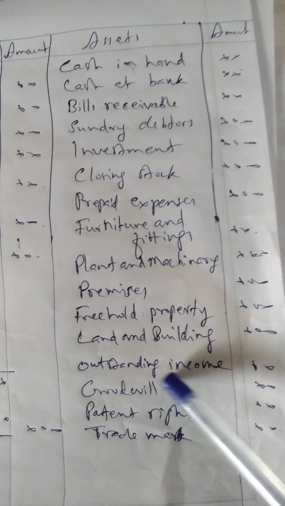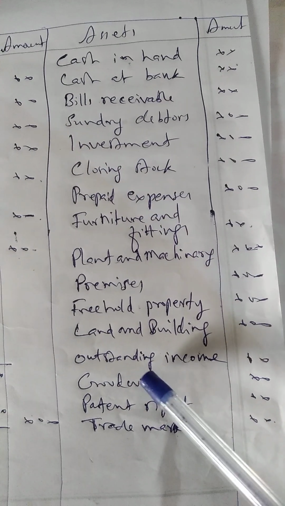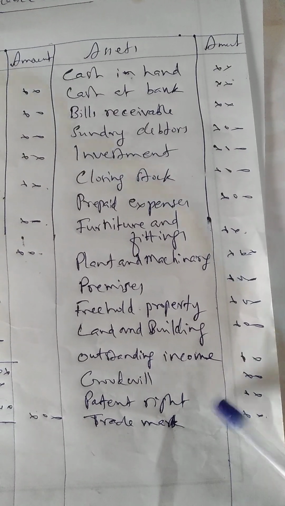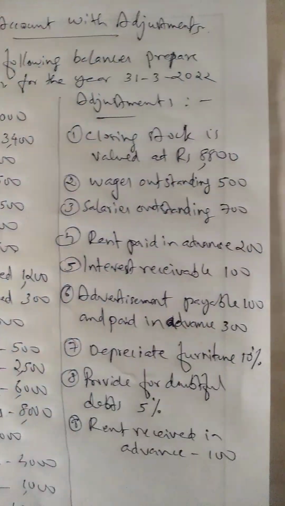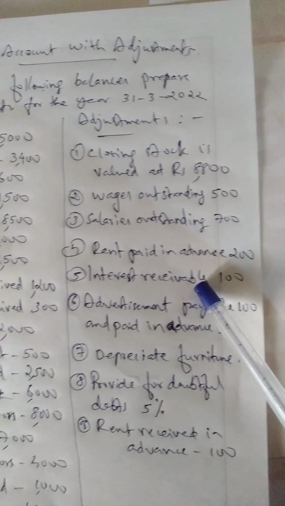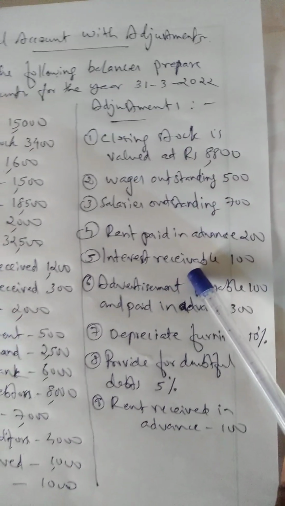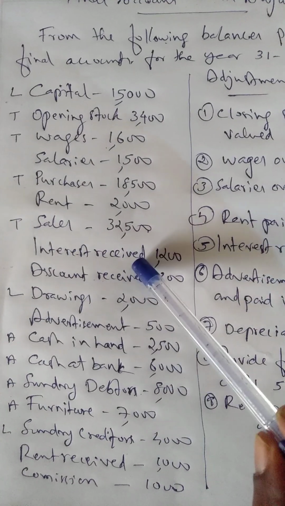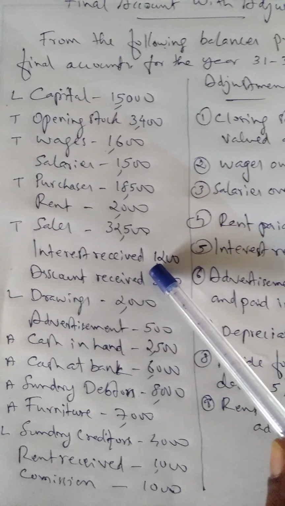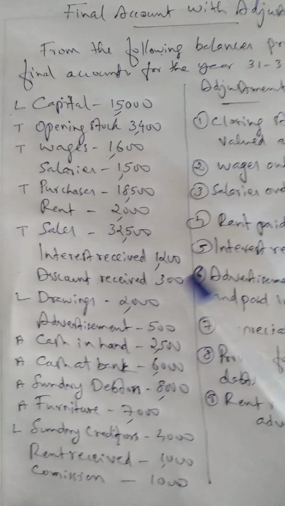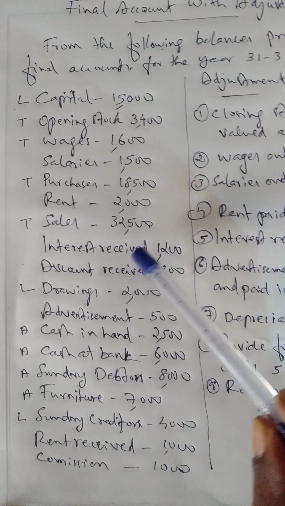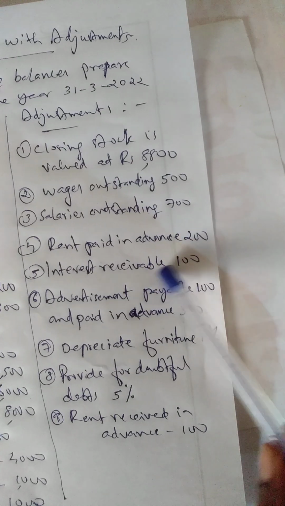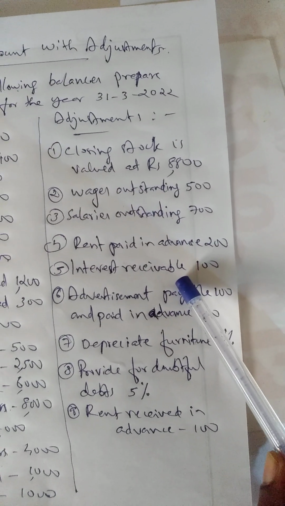So if there is any outstanding income, that should be shown on the asset side, isn't it? So this interest receivable is an income outstanding. So it must be added with the concerned item. Here interest received is there. While writing this interest received on the credit side of the profit and loss account, this interest receivable should be added with this.